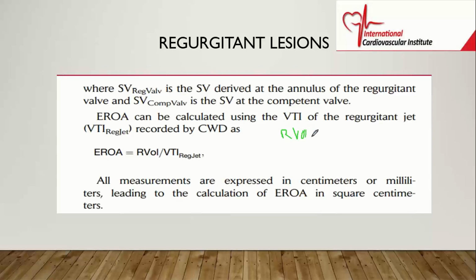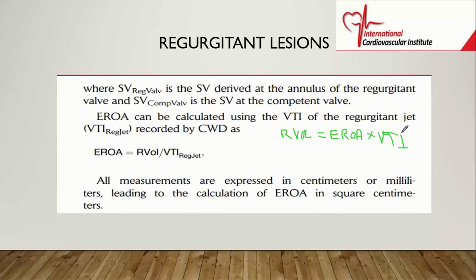regurgitant volume. Flow anywhere is equal to the cross-sectional area, and in this case the cross-sectional area is the EROA, times the VTI, which is the VTI of the mitral.